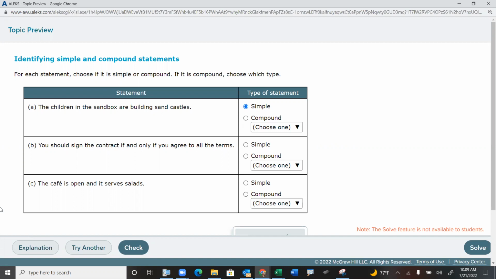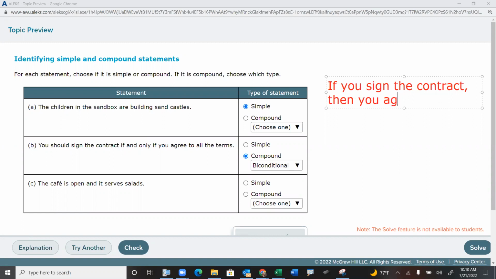Okay. However, in part B, it says you should sign the contract if and only if you agree to all the terms. Okay, well, that's compound. And if and only if always means biconditional. Okay, here's why. Because if and only if in the context of this statement means if you sign the contract, then you agree to all the terms.